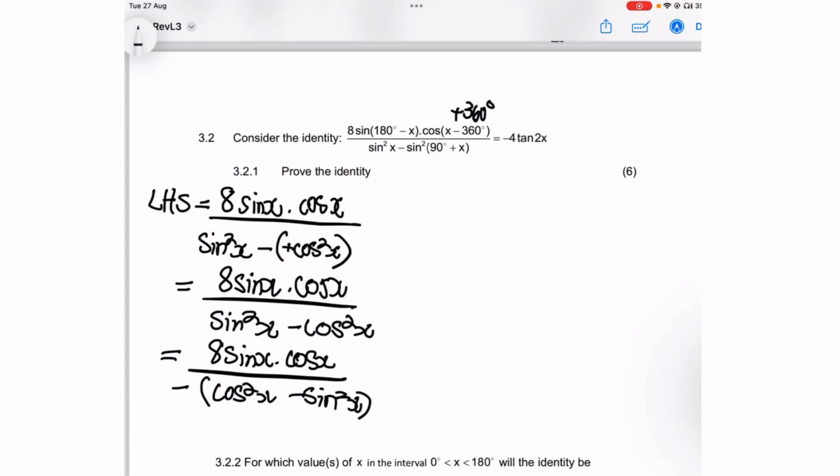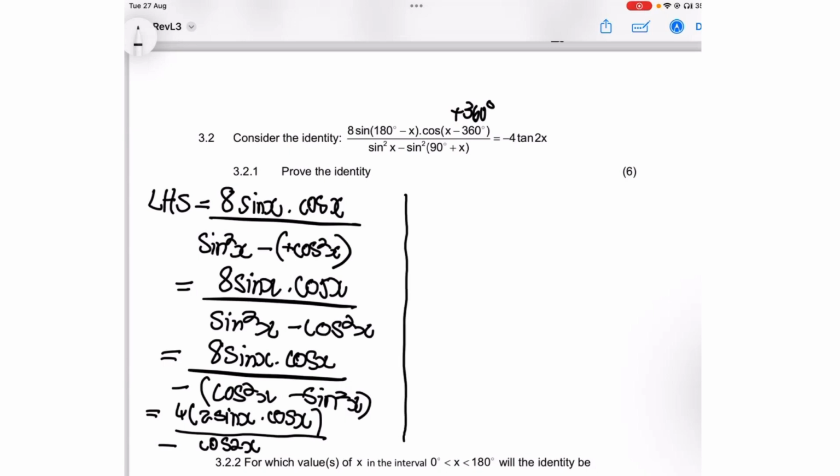Which is the double angle for cos. So this will actually be 4 times 2 sine x times cos x. I'm creating the double angle for sine at the top and then the double angle for cos underneath, minus cos 2x.